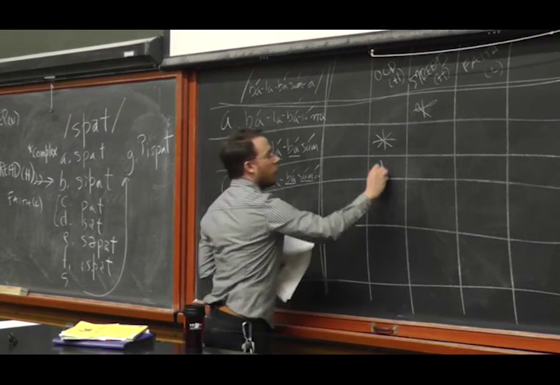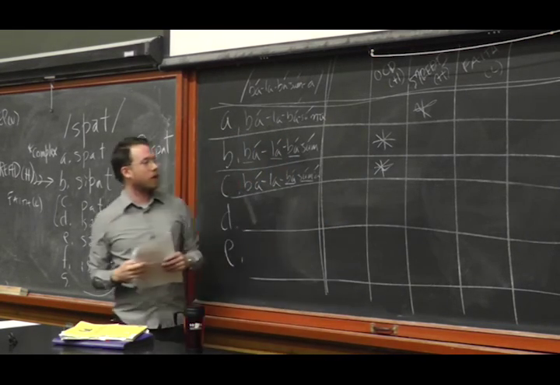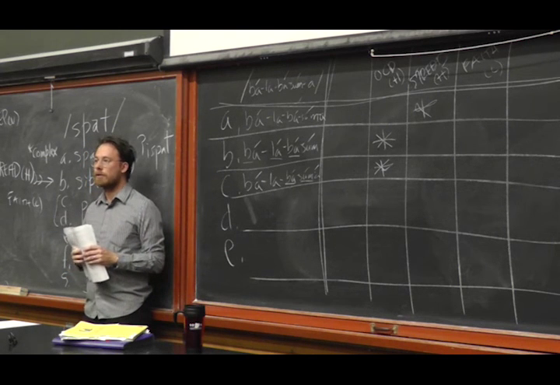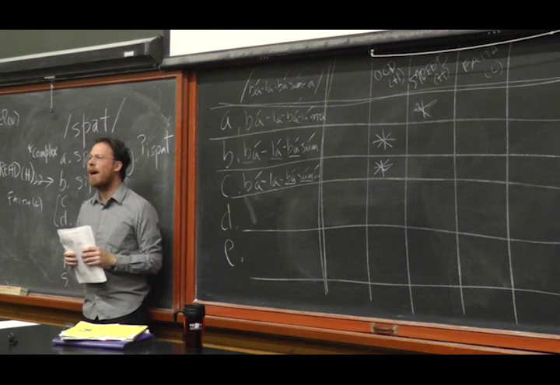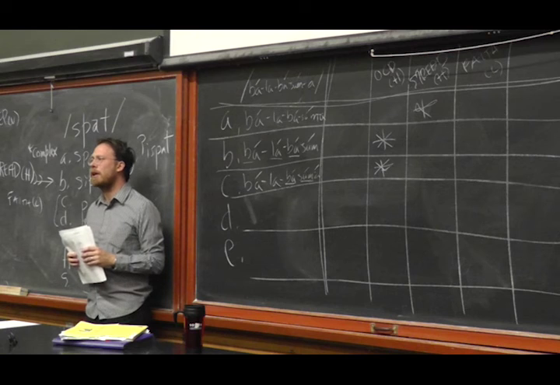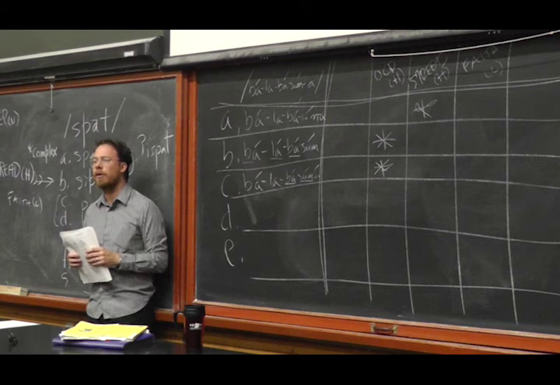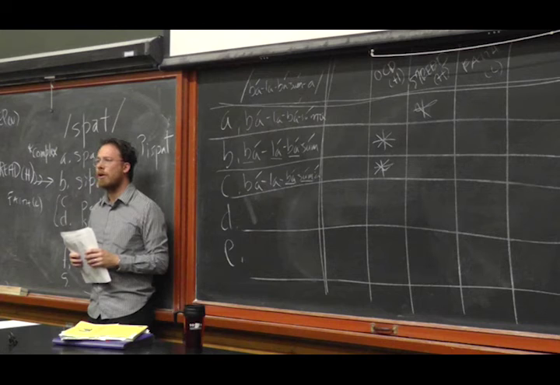So we know that this also violates the OCP in these cases. So why would that one not be eliminated? Why in 29D, when we see two underlying high tones adjacent to one another, why is that okay? Why is that the surface form that we see? What's the other super highly ranked constraint that we need?